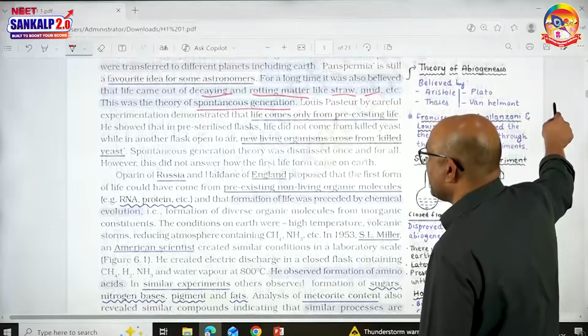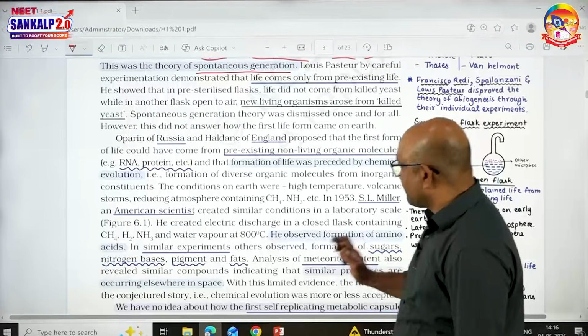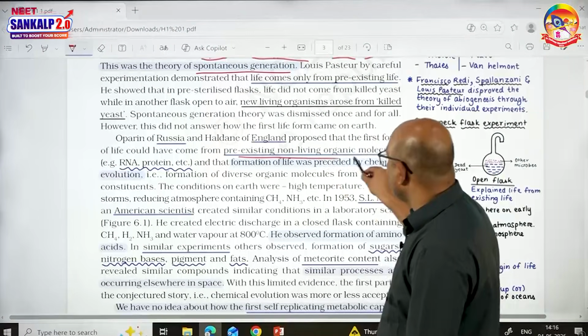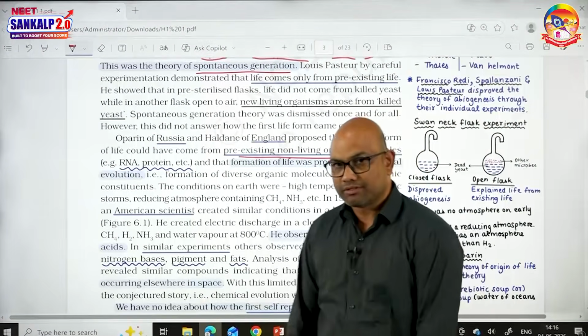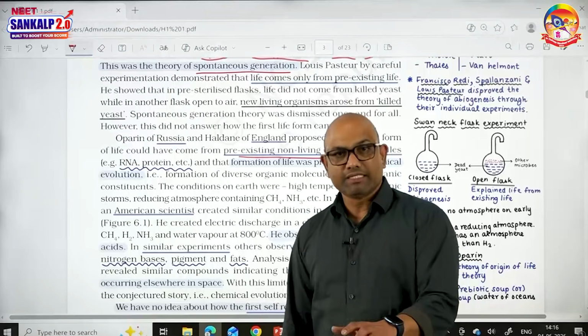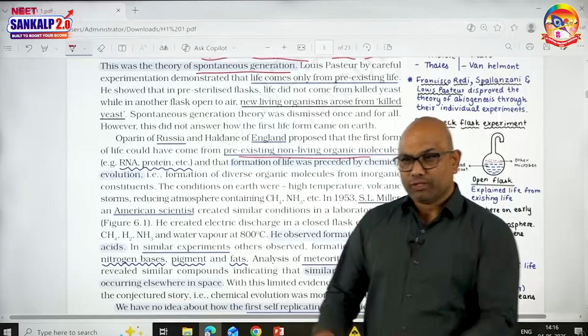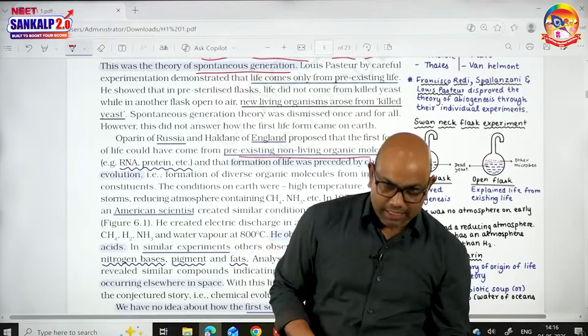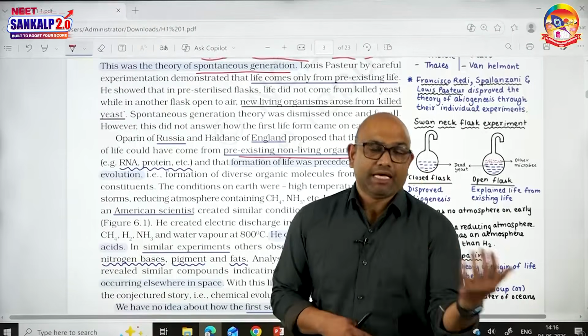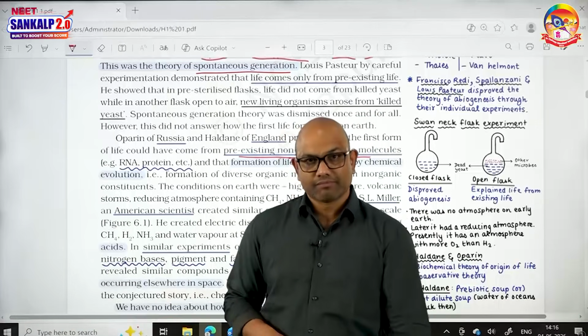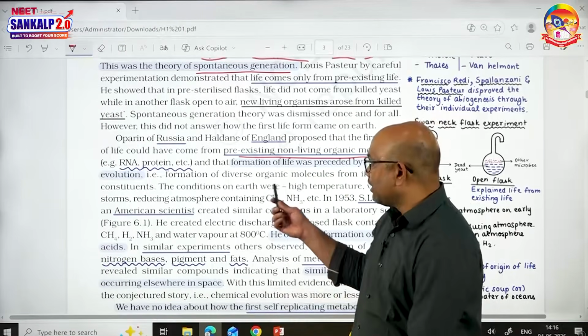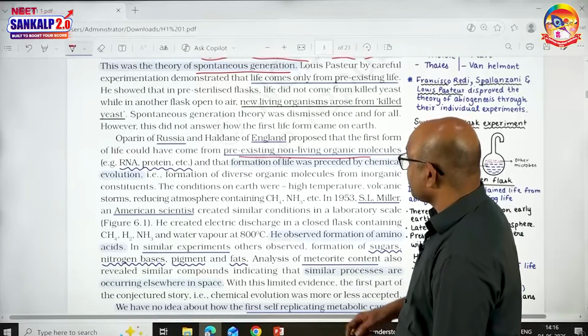According to the Haldane and Oparin theory, life comes from pre-existing non-living organic molecules. Initially inorganic molecules become organic, and organic becomes life with the action of physical forces. So this was explained by Haldane and Oparin.